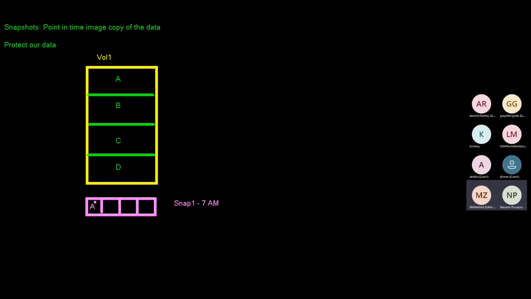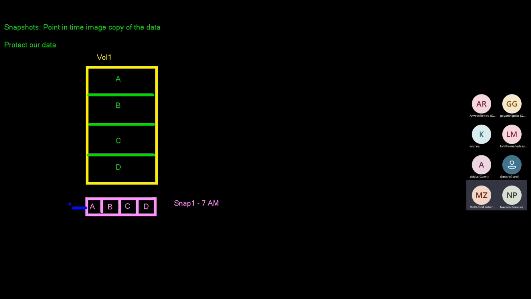So whenever I create a snapshot, whatever data I have on top of the original volume, image copies of the data will be created inside the snapshot, not the original data, just image copies. And these image copies will have pointers towards my original data on the volume.